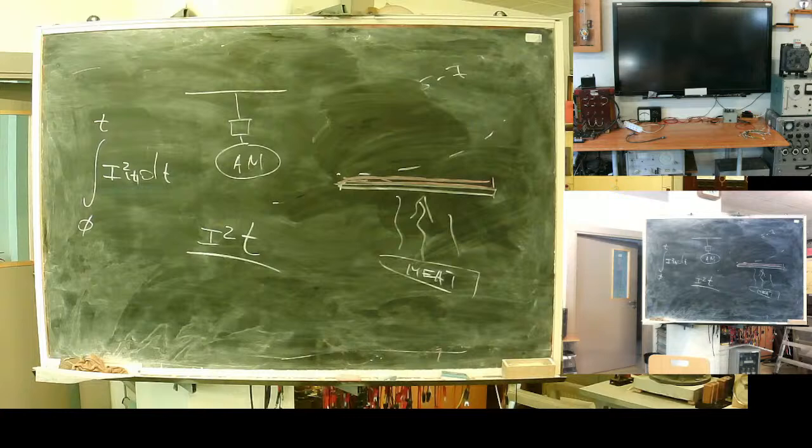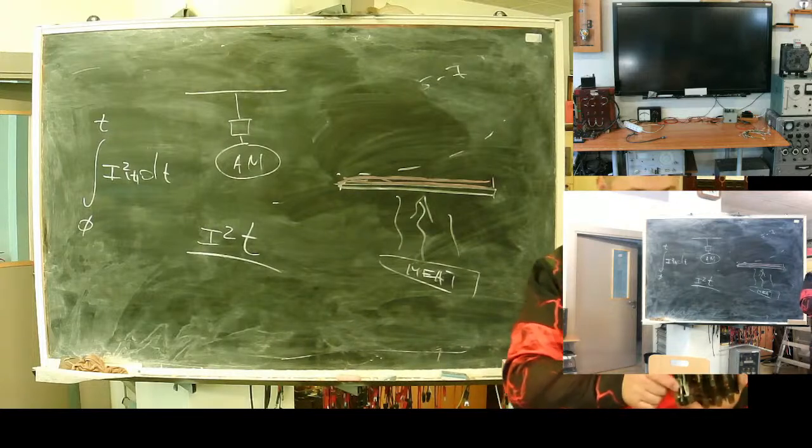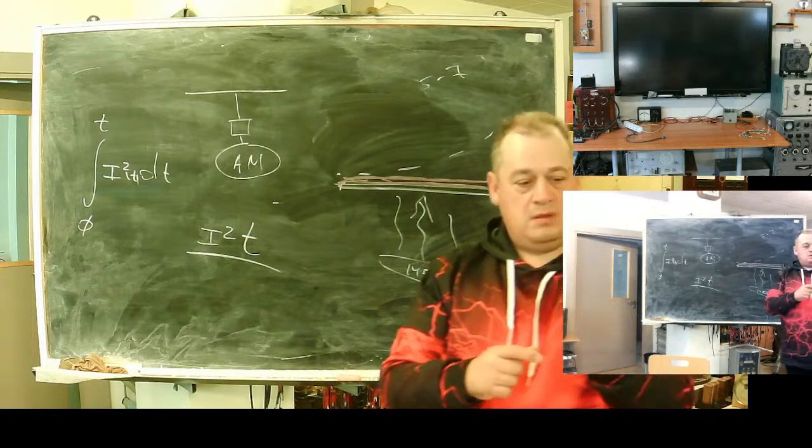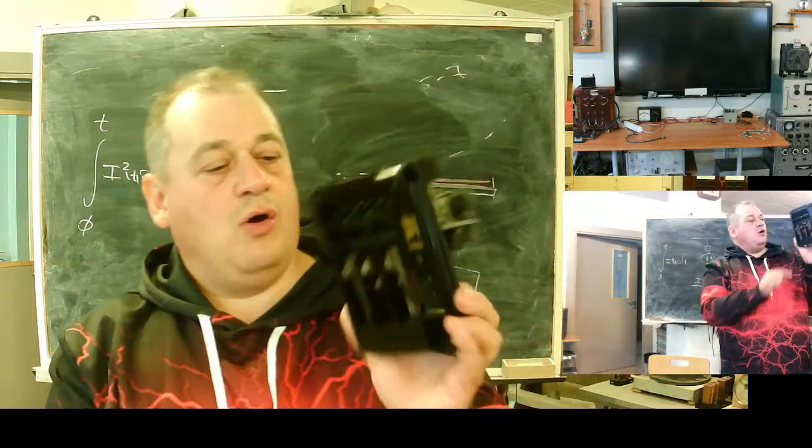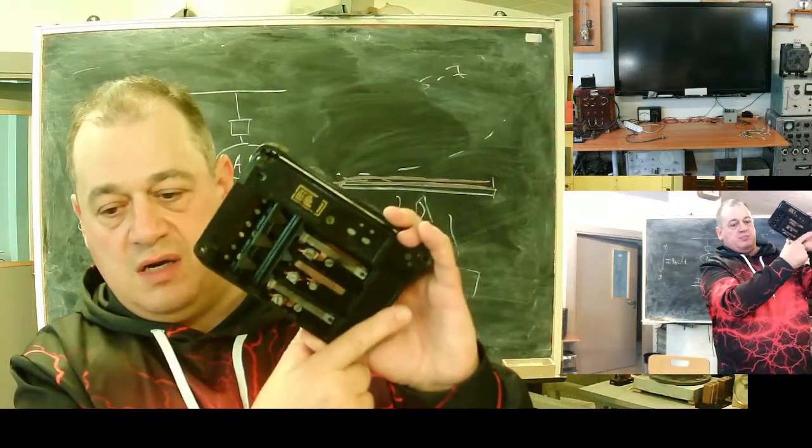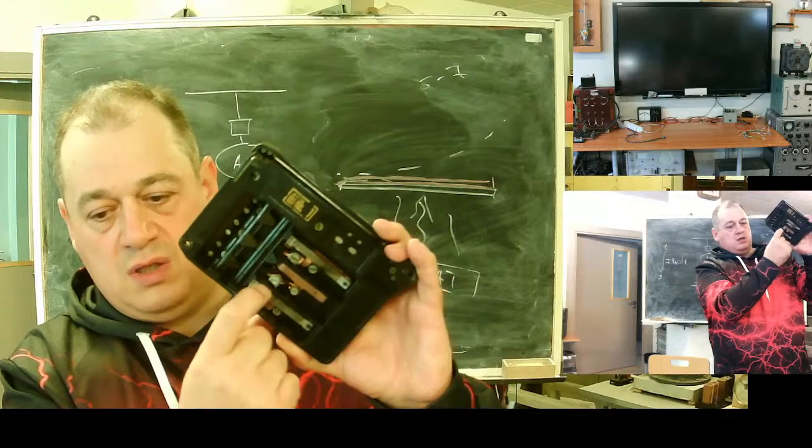You will find them on low voltage breakers. Here, for example, this old one. Here they are paired, 1 and 2.